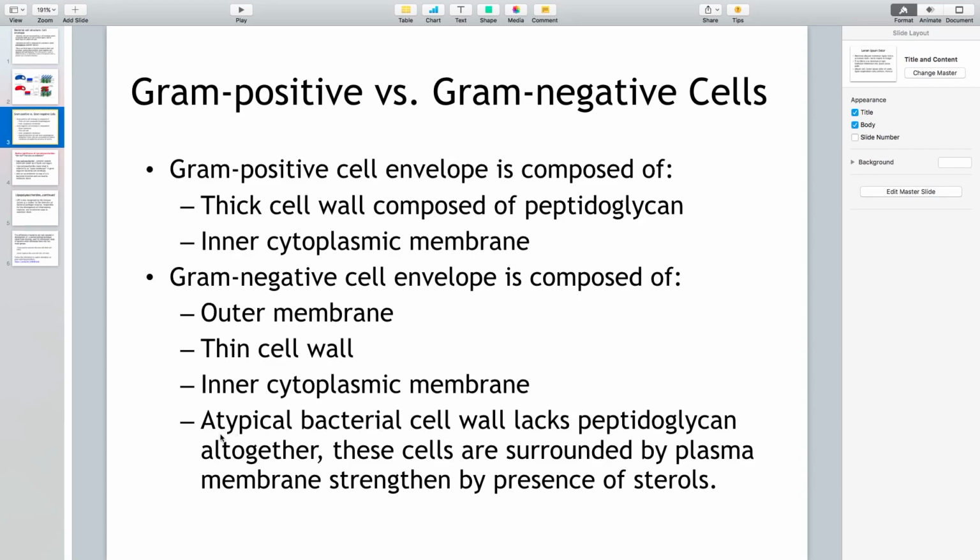The third type of bacteria we mentioned earlier, the atypical bacteria, they lack a cell wall, a peptidoglycan cell wall altogether. These cells are only surrounded by a plasma membrane, which is further strengthened by the presence of these organic substances called sterols, which give some additional protection to the cell's environment.